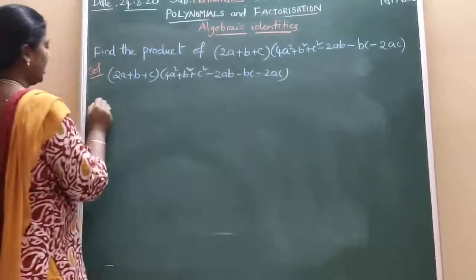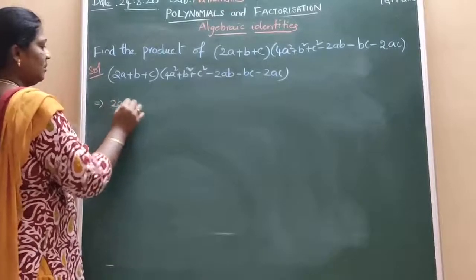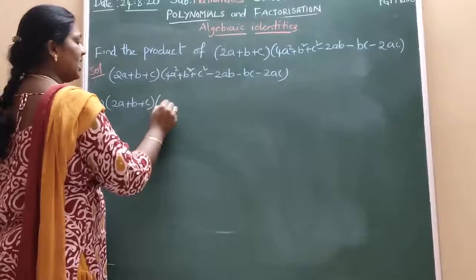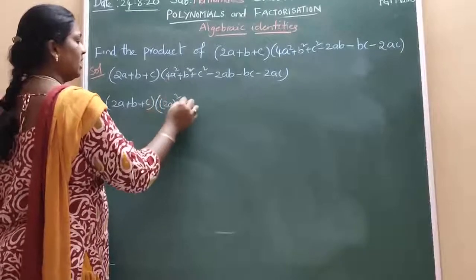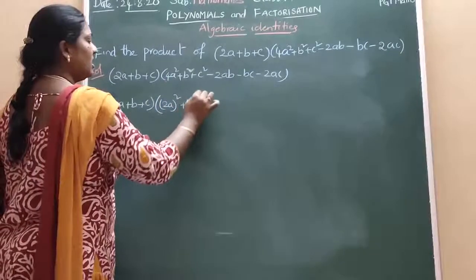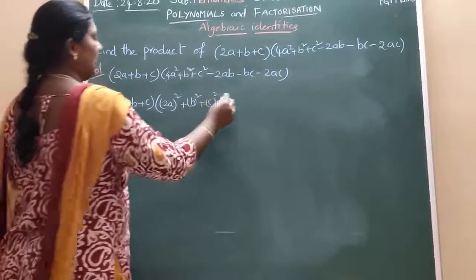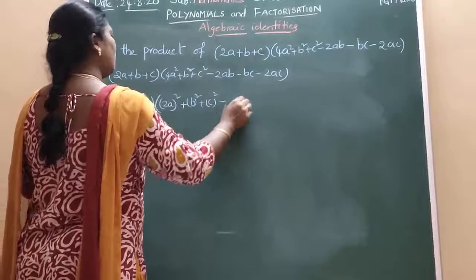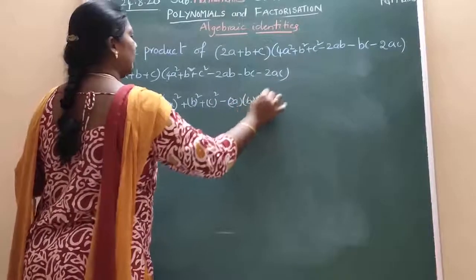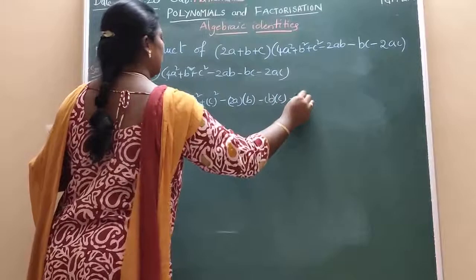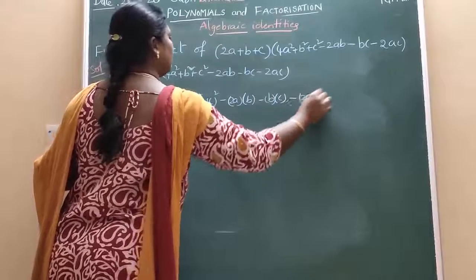So this can be written as (2a + b + c) into, this 4a² can be written as (2a)², plus b² plus c² minus 2a into b minus b into c minus 2a into c.